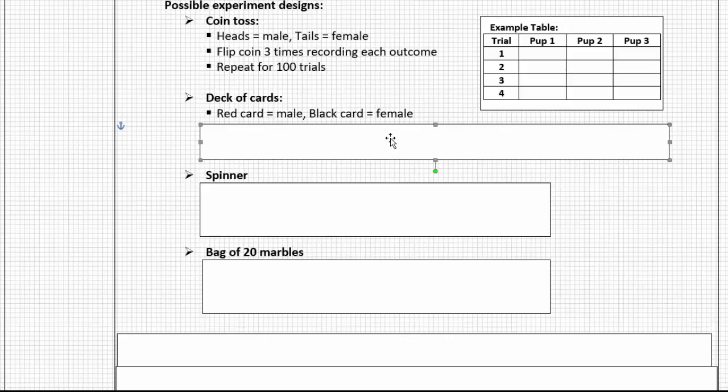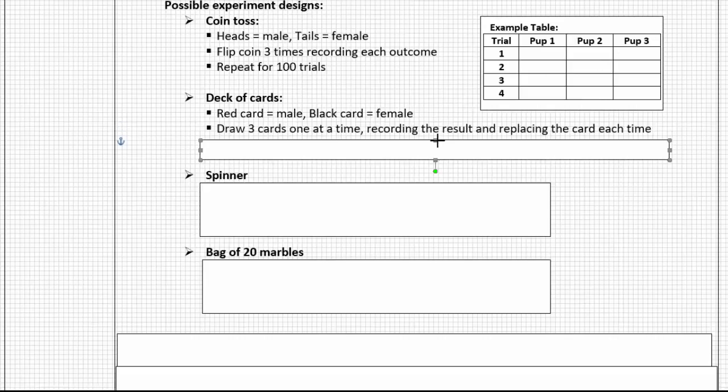So then, how many times do we have to draw a card for one trial? Well, we could still use a table like this, so we're still talking about 3 pups. For one trial, we would draw a card 3 times, recording the result and replacing the card each time.